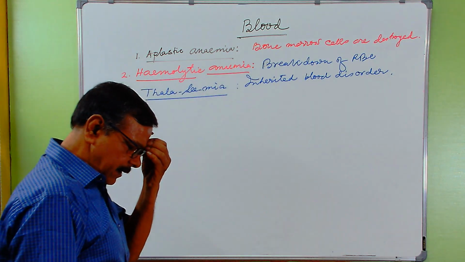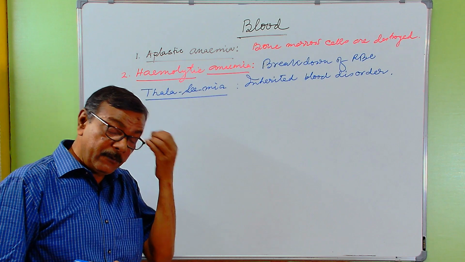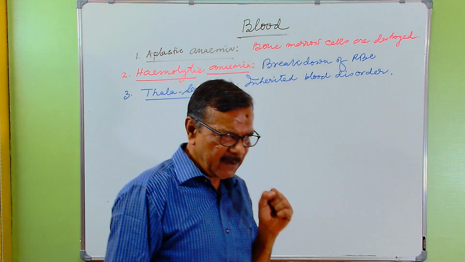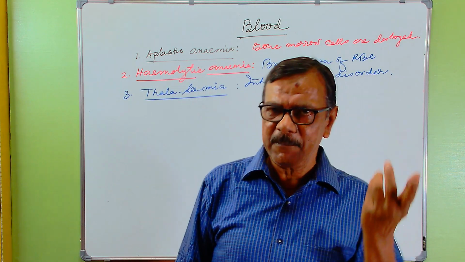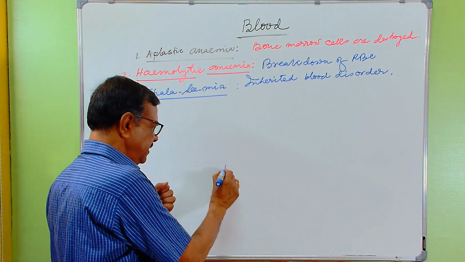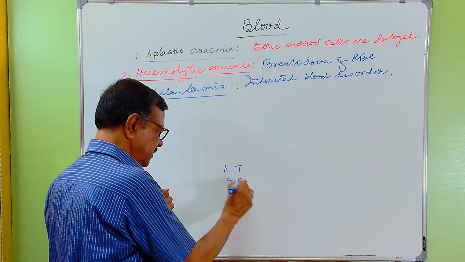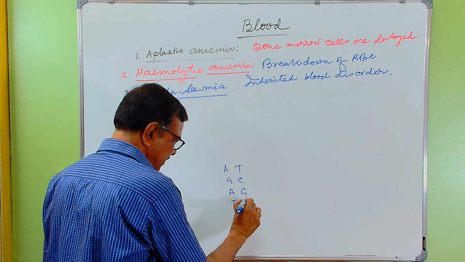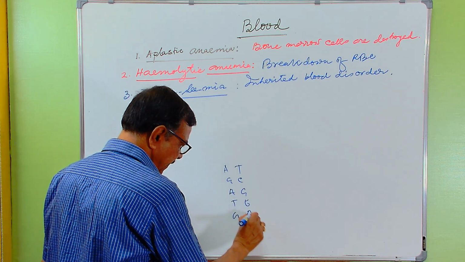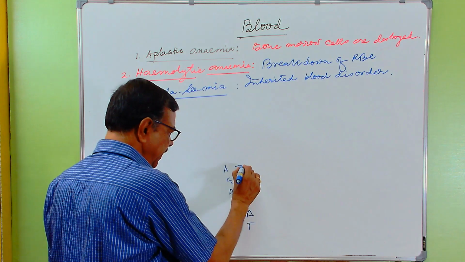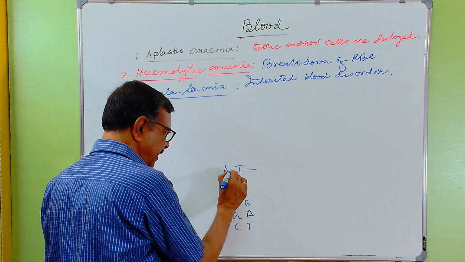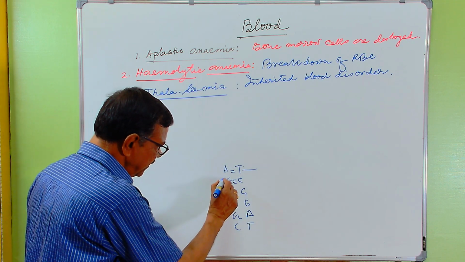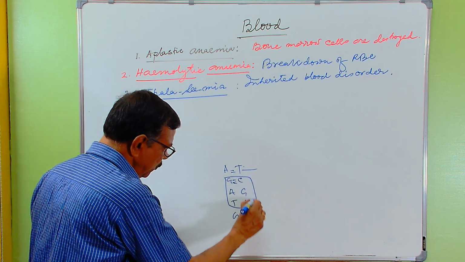How? In order to produce hemoglobin within the RBC, that hemoglobin is formed by DNA. Within the DNA you will see A, T, G, C, like this, A, T, then G, C, or G, A, C, T. In this way, nucleotides are arranged, and three of them form a codon.